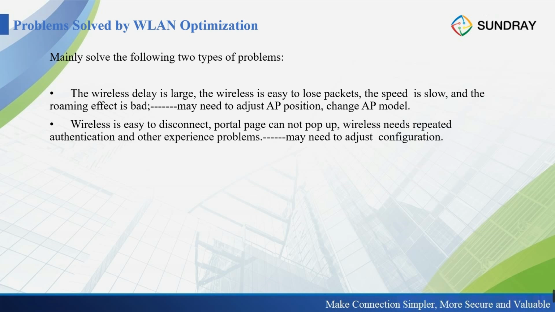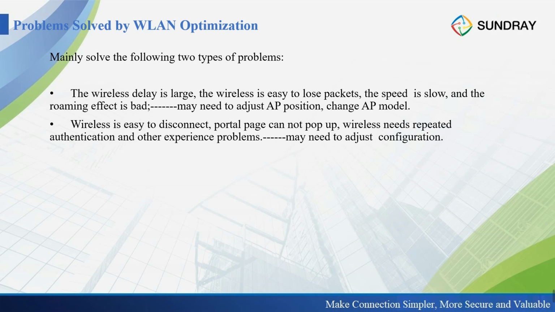For this kind of problem, maybe we need to adjust the AP's position. Sometimes we need to add APs in a specific area. Sometimes we need to change the AP's model. And there are other problems like the photo page or repeated authentication. For this kind of problem, we can just change the configuration.